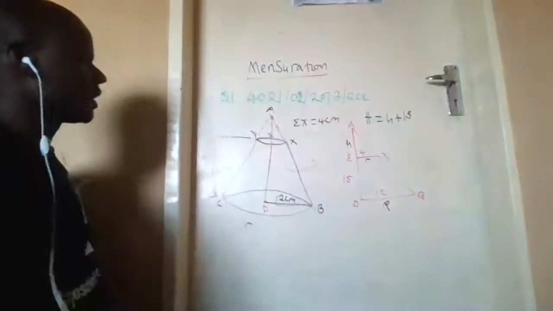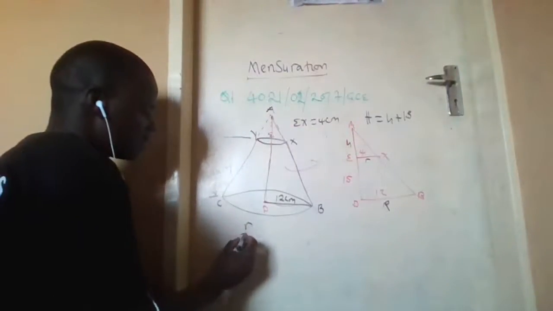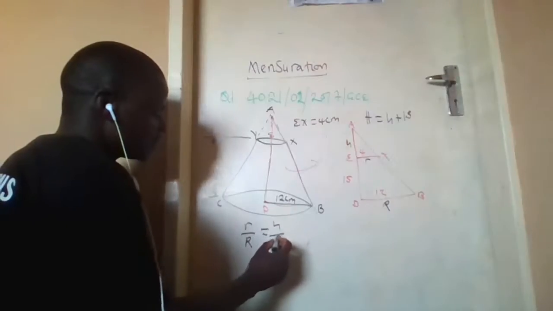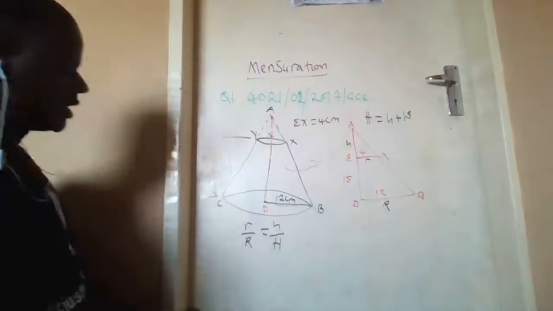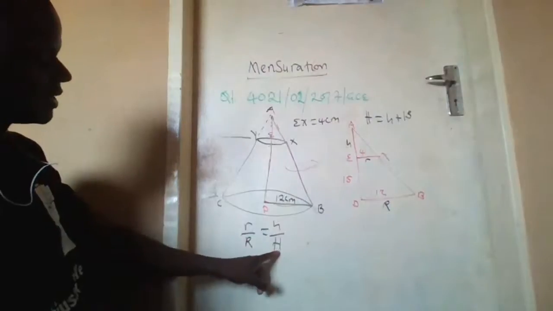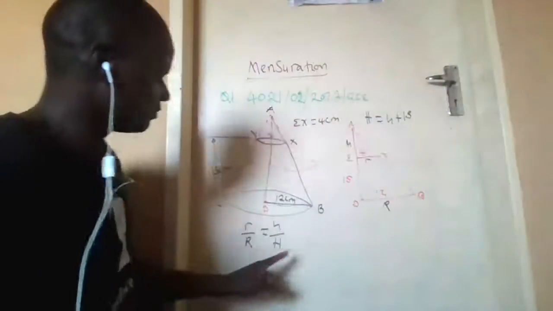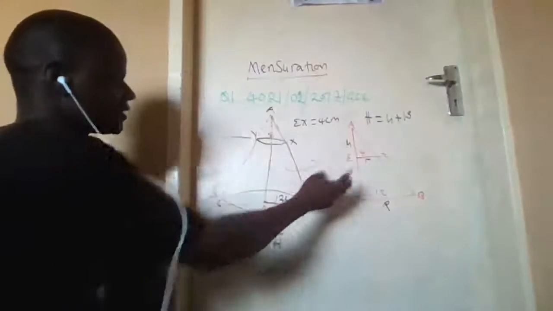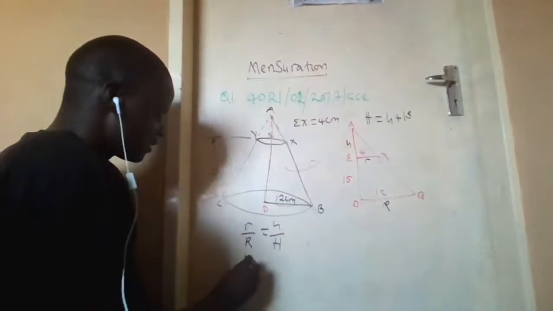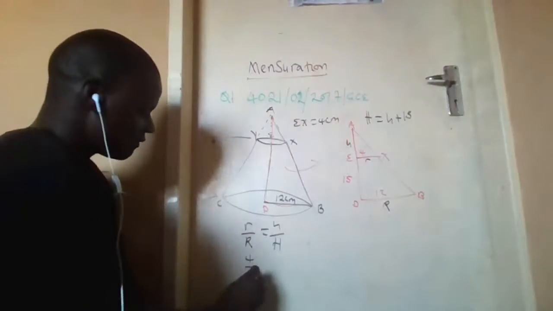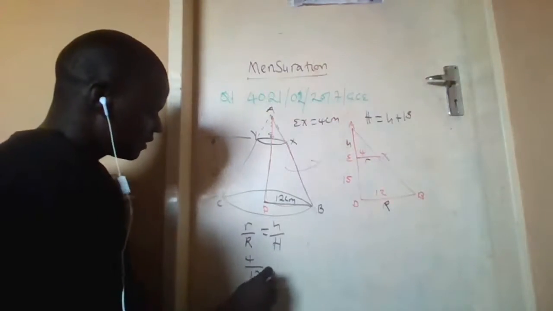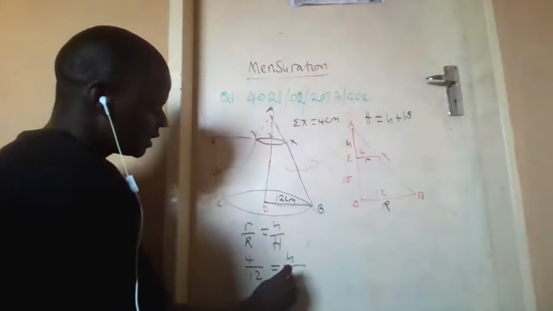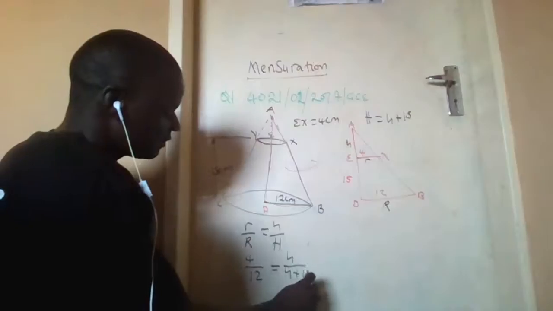So we are saying small r over big R must be the same as small h over big H. So small r is 4, over big R which is 12, equals small h, which we don't know, over the big H, which is h plus 15.